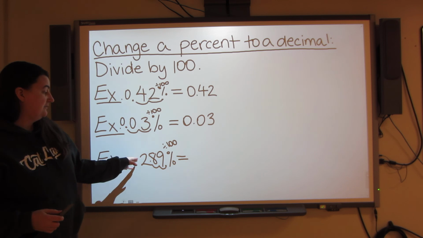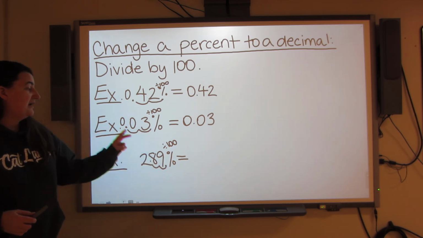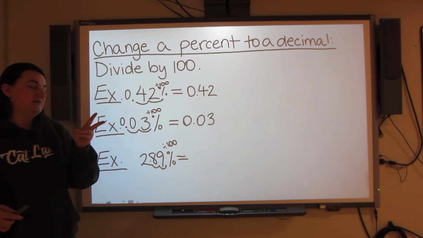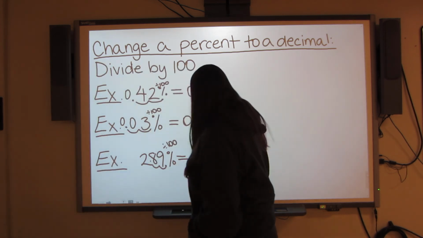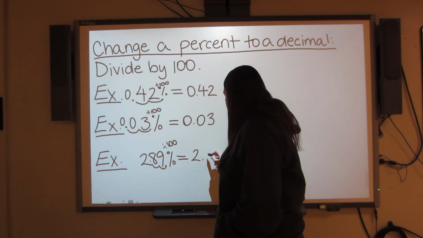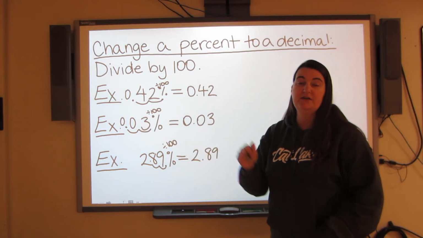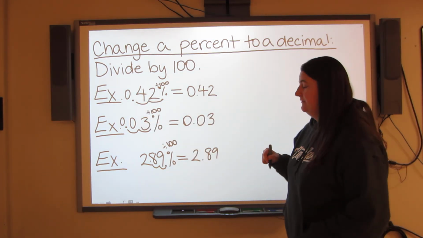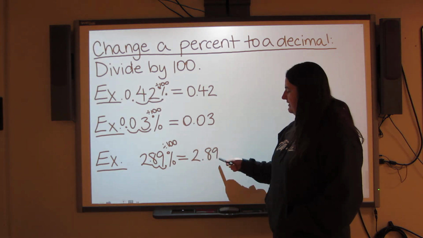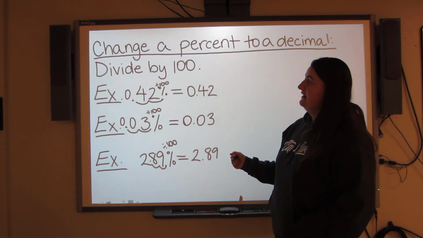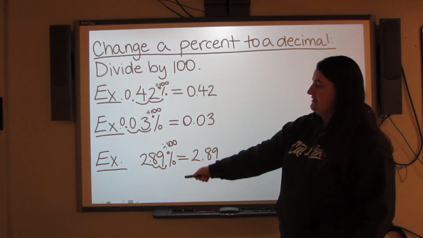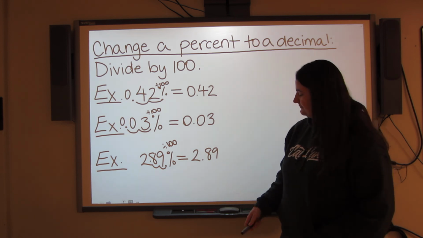I used to have 289%, but I'm only moving 2 spots. So the decimal is still going to be 2.89. I moved the decimal 2 spots over to the left to make it smaller. So I have 289 hundredths. And that is how you change percents to decimals.